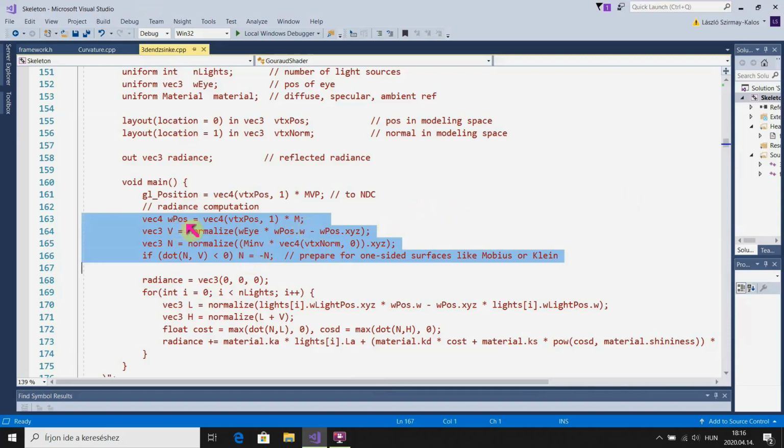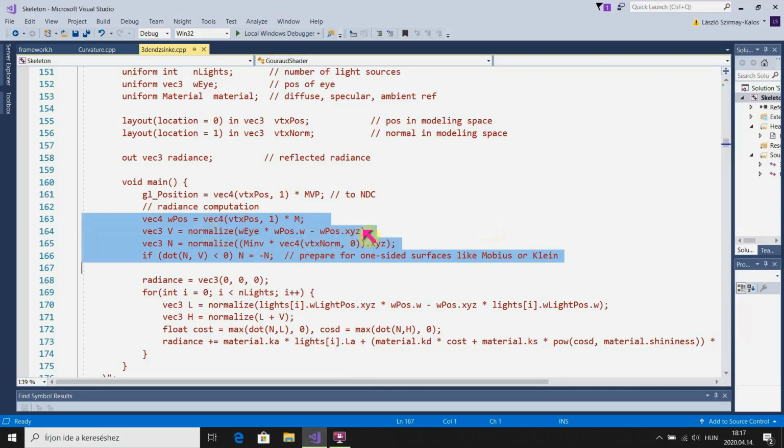If this is available in world space, then the viewing direction is just the difference between the eye position and the Cartesian coordinates of the transformed point. These Cartesian coordinates could be computed with homogeneous division, that is taking the first 3 coordinates of wPos and dividing them by the fourth value.